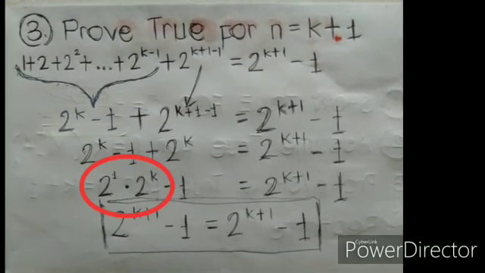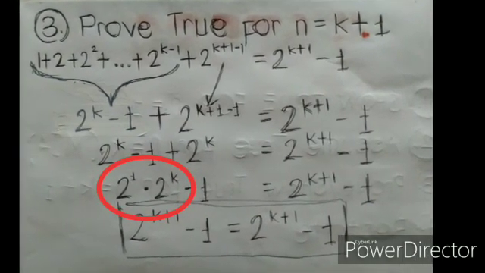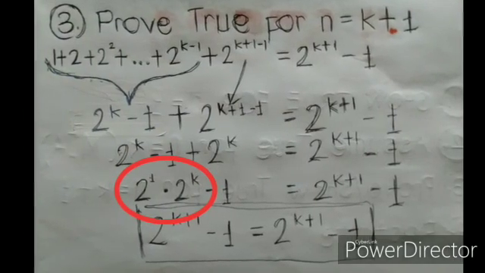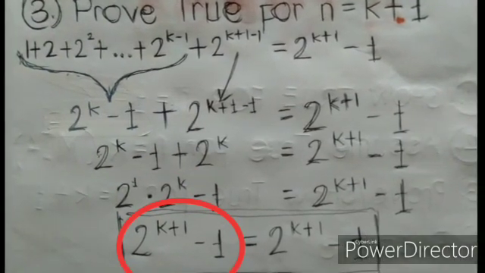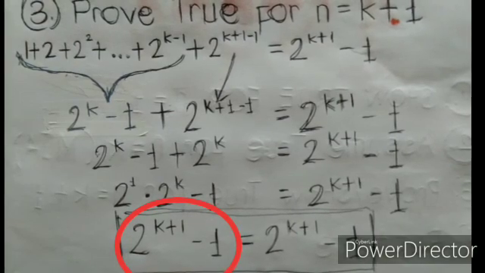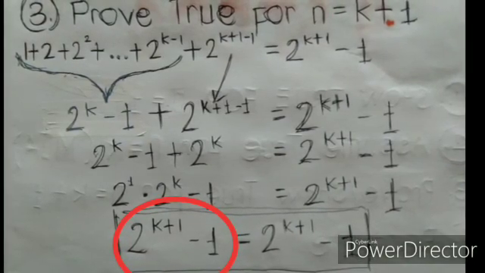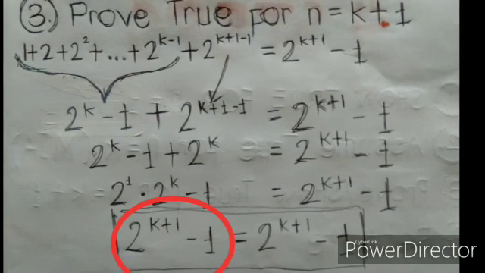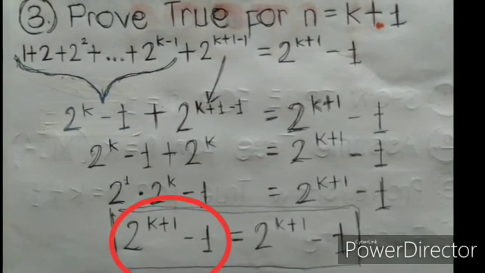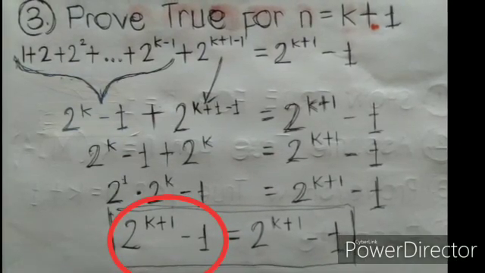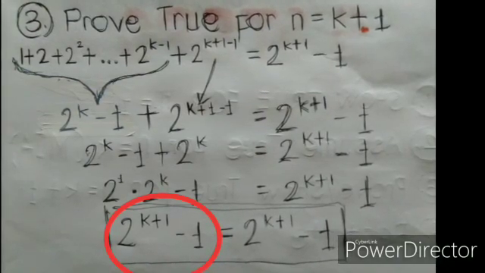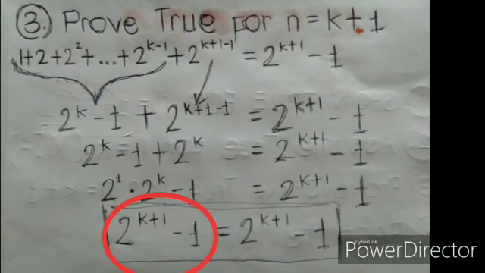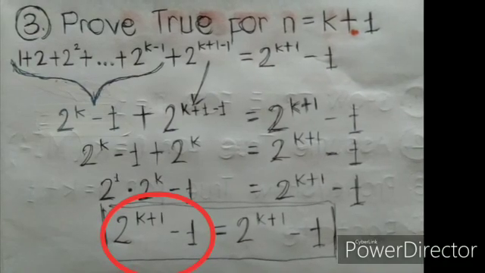And that's where we've got 2 times 2 to the power of k. Now, multiplying 2 times 2 to the power of k, we've got 2 to the power of k plus 1. But how did we do it? There's also a rule that says that whenever we multiply terms with the same base, we're just going to add the exponent, and that's where we got k plus 1.